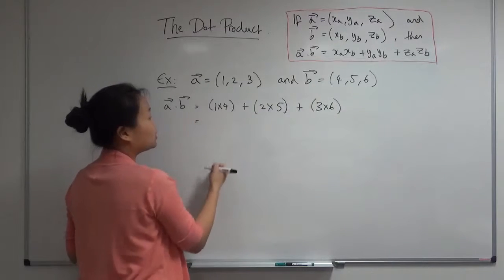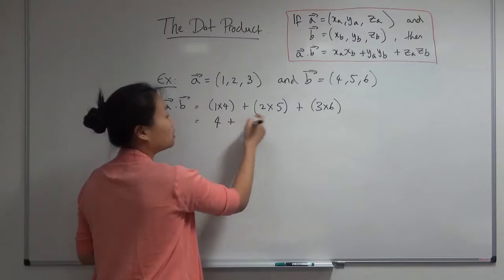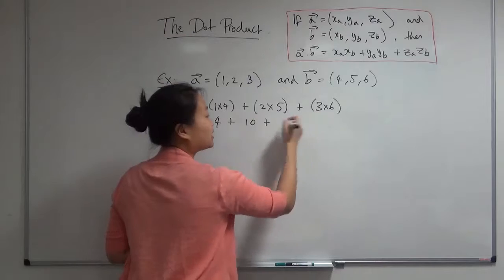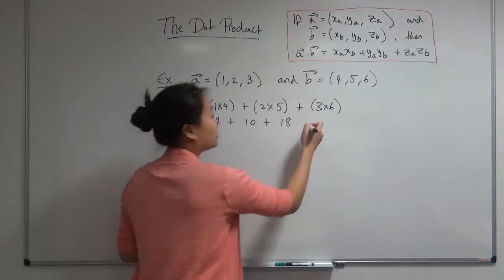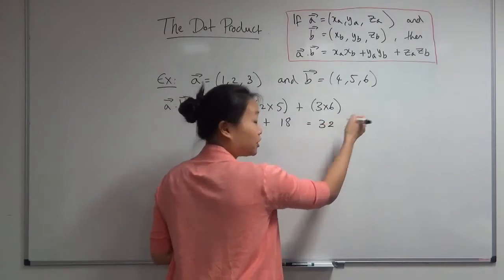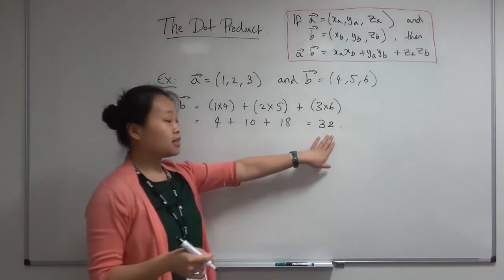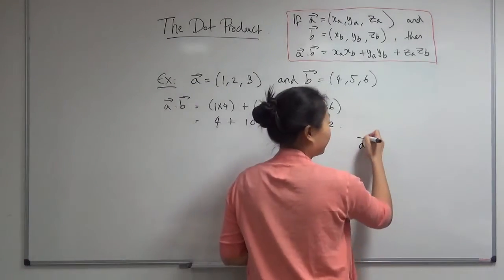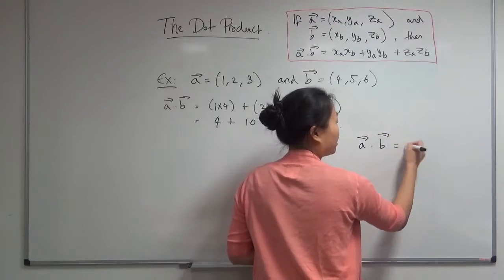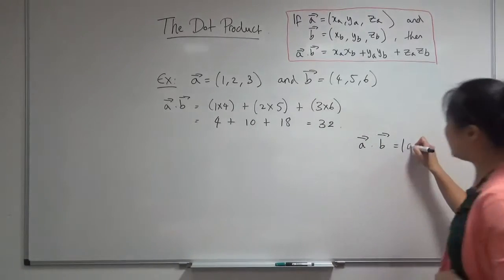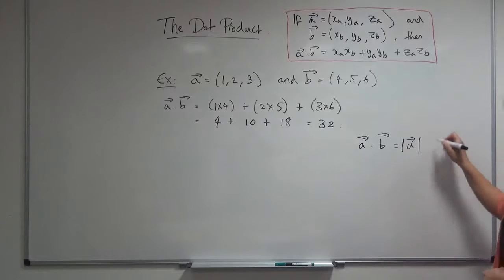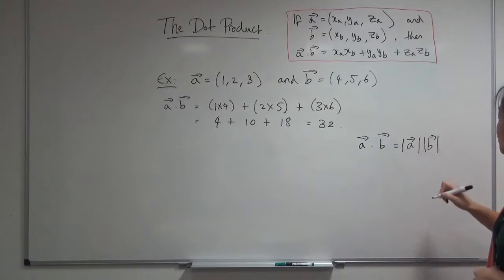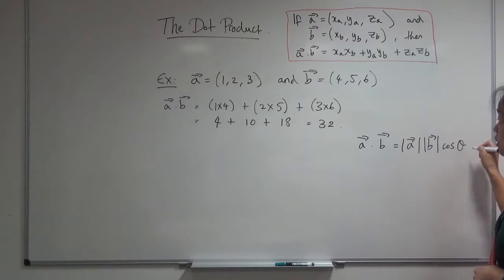So what does this give us? We've got 4 plus 10 plus 18, and this is going to give us 32. And the reason why this is particularly useful is because the dot product is also defined as the product of the length of a, so the modulus of a, multiplied by the length of b, multiplied by cosine theta.